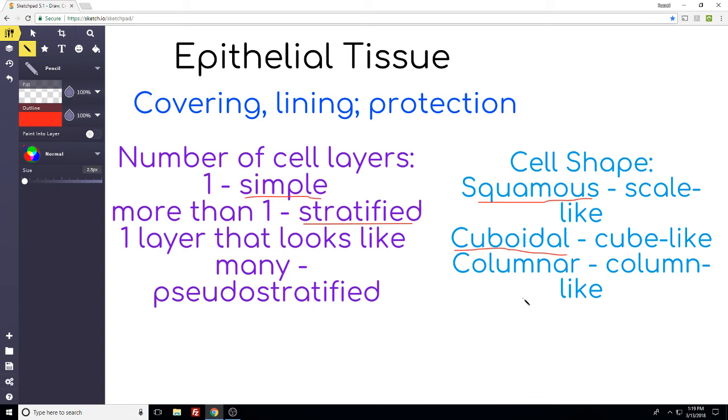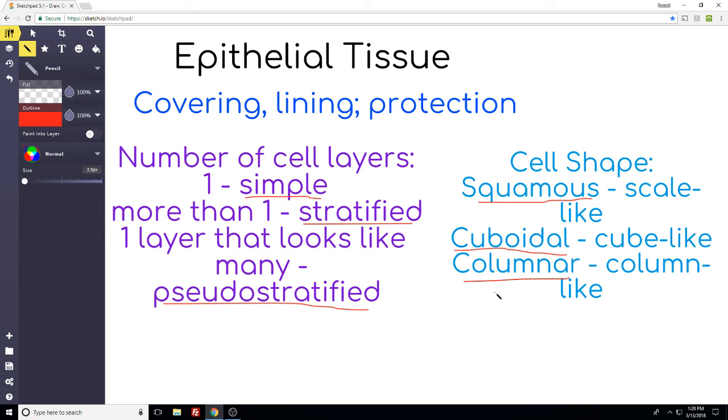I should say stratified technically means anything more than one. So there are tissue types that have 2 or 3 layers of cells. The ones that we're going to see in this lecture and in lab, we're talking usually like 30 or plus layers of cells, so it's a lot of layers. Or we could have pseudostratified columnar, so column-shaped cells that look like mini layers even though they're not. We'll talk about how that happens.